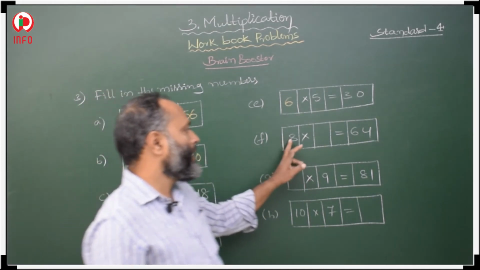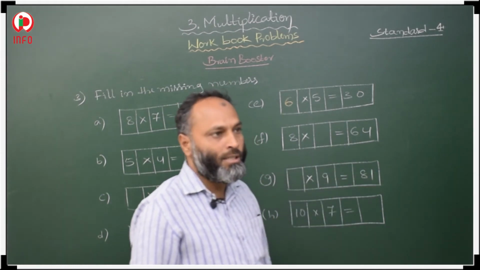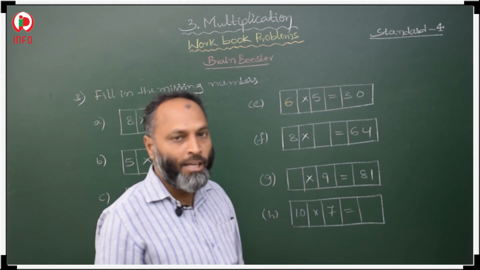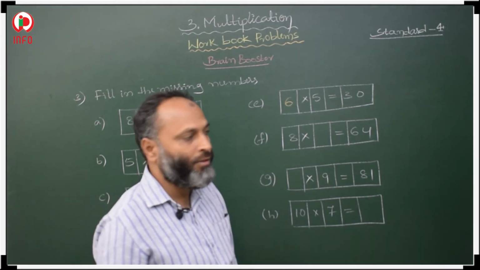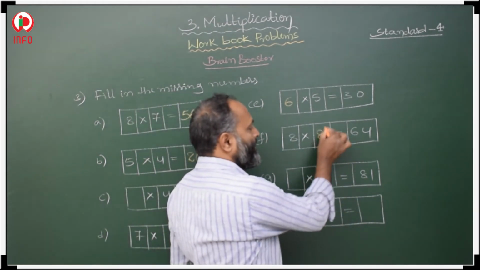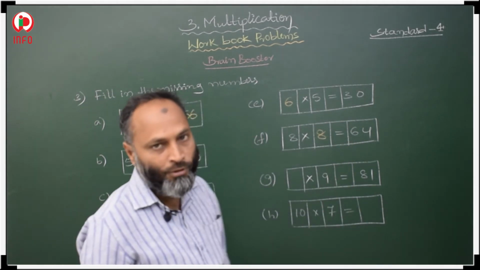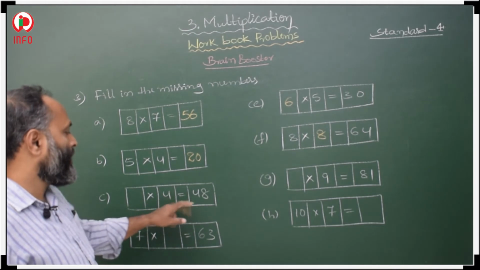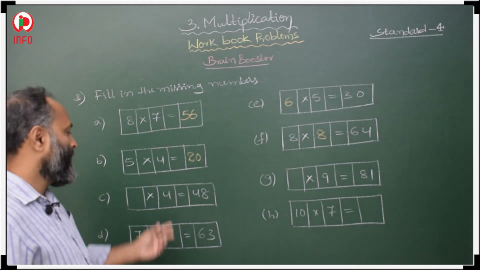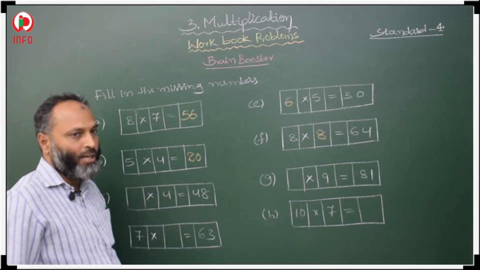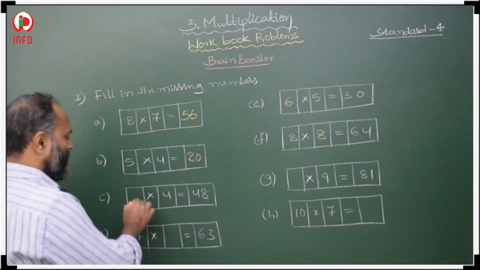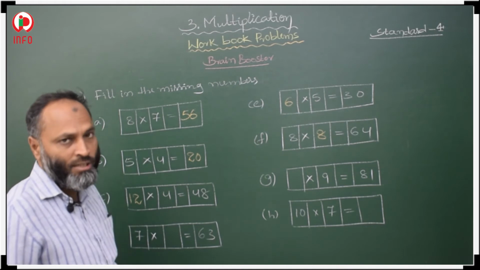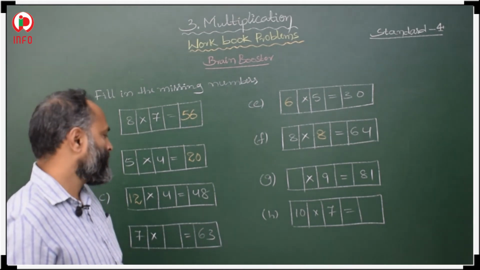Here 8 into what is equal to 64? In the 8 table, when will you get 64? 8 8s are 64. Next, what into 4 is equal to 48? In the 4 table, when will you get 48? 12 4s are 48.